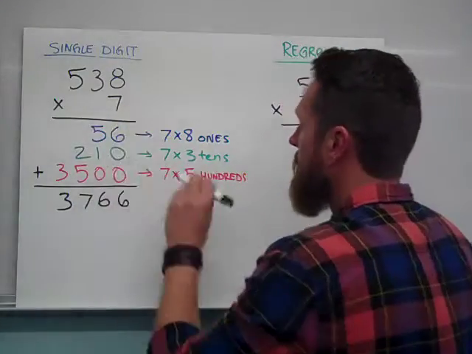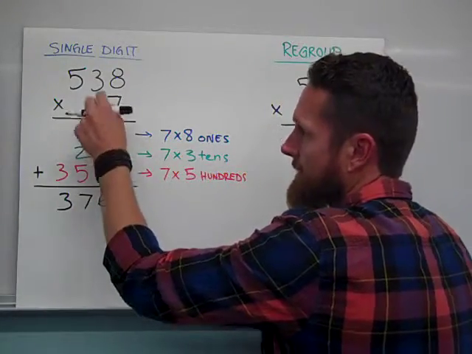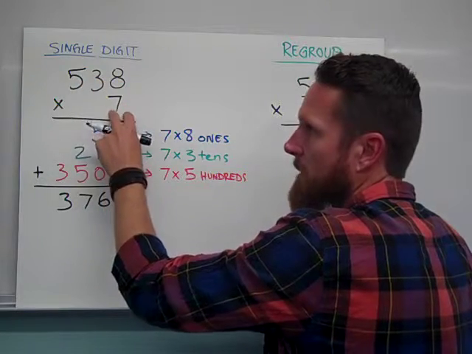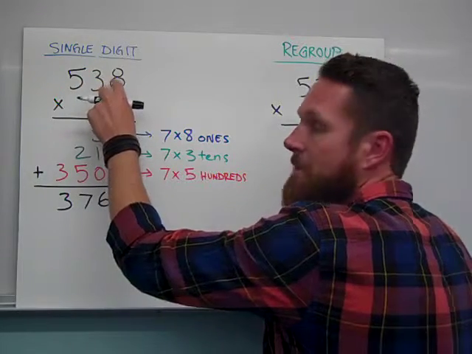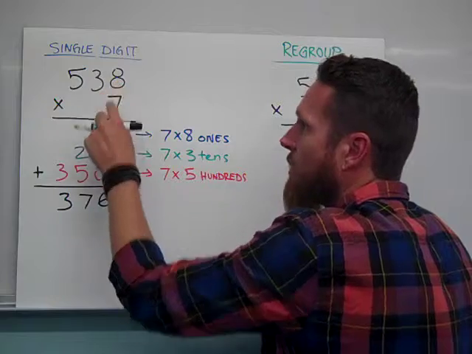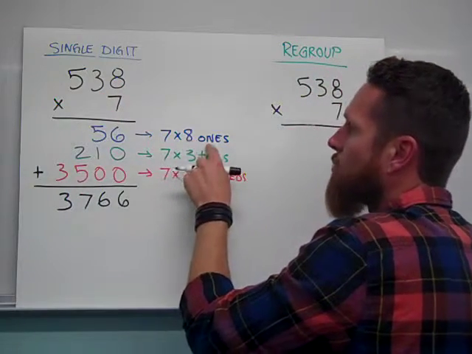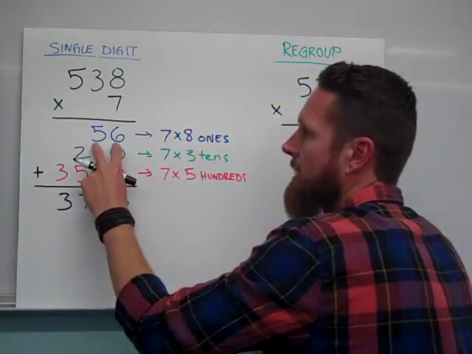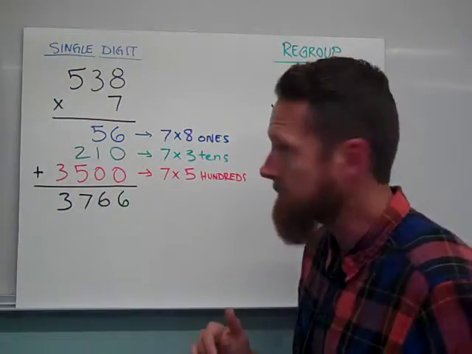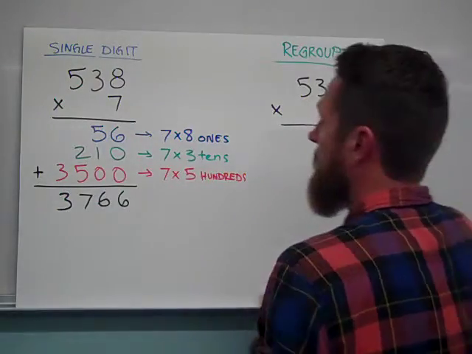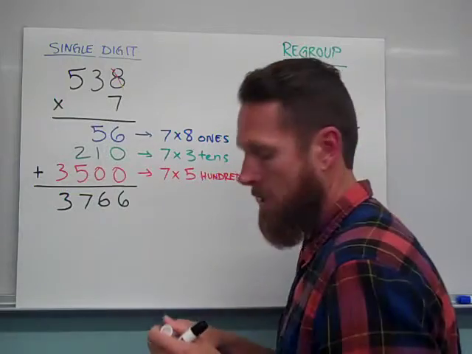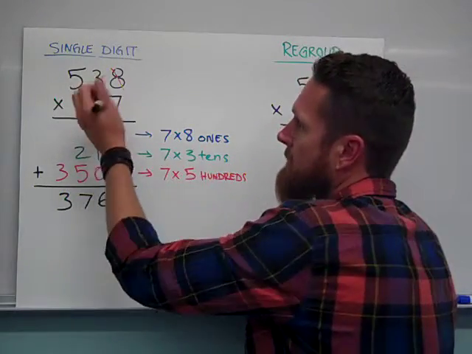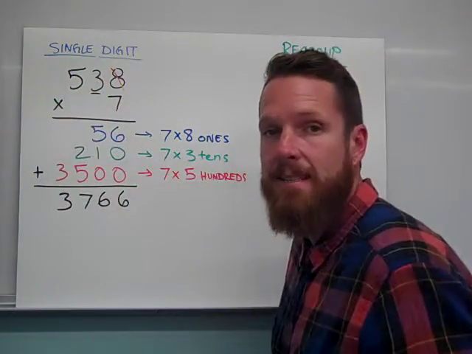So first off, you multiply the 7, because it's a single digit, 538 multiplied by a single digit. 7 times the ones, and 8 is in the ones. So it's 7 times 8 ones, and 7 times 8 equals 56. Okay, so we are done with the ones. Then we move on to the next place value, and that's the tens.